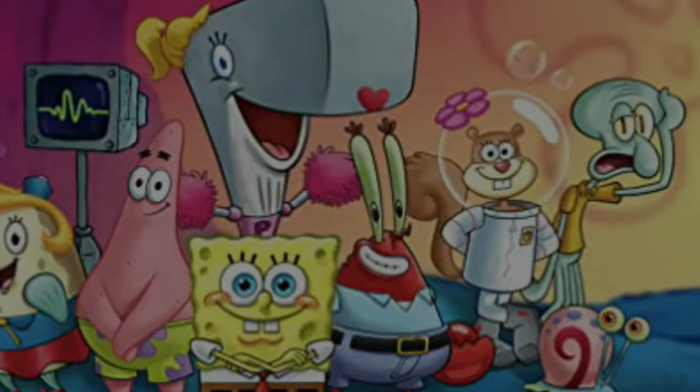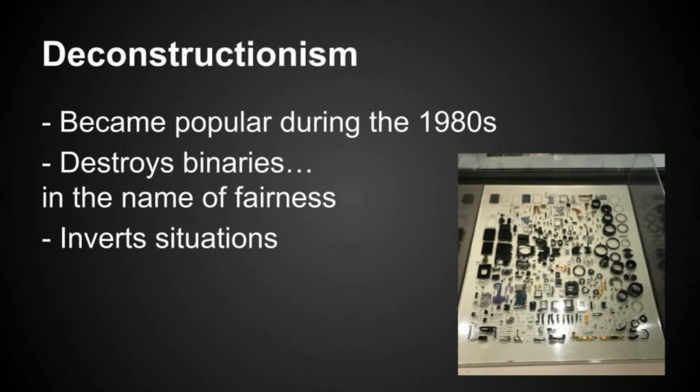Now that's not what SpongeBob is about, but a deconstructionist doesn't care what the actual meaning of the work is. They want to turn it around and look at it from a different perspective. Now deconstructionism can be a lot of fun, but really it's not in fashion anymore. However, I think it's a good tool to add to your examination belt when it comes to approaching a text.